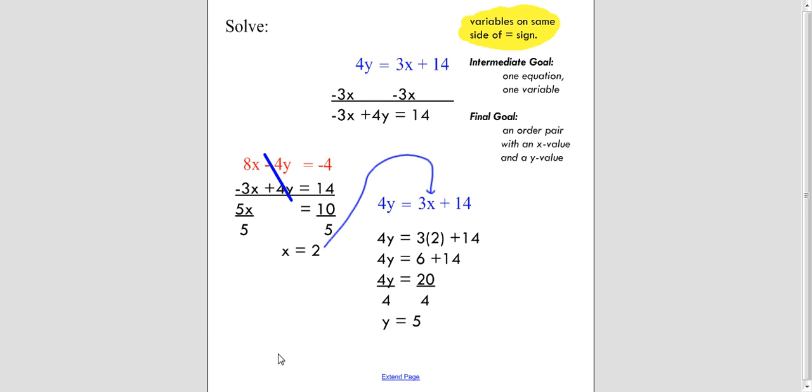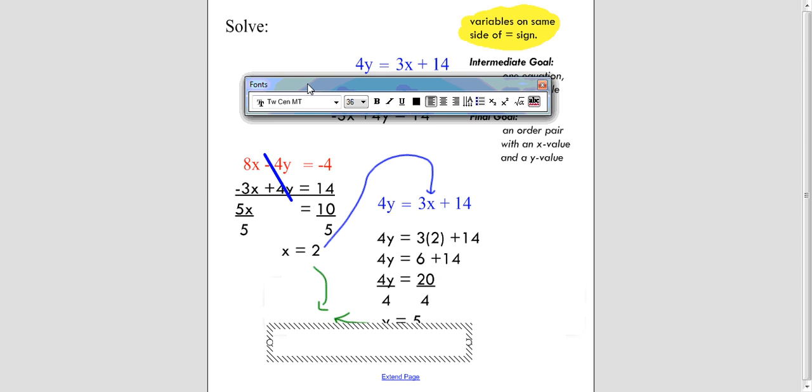Don't settle for anything less. It's better to wait than to make mistakes or decisions that you're going to regret later. So we're waiting for an ordered pair, and you get that. It's going to be 2 comma 5, x comma y.